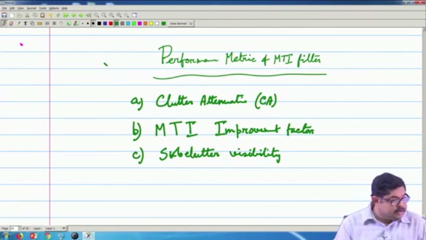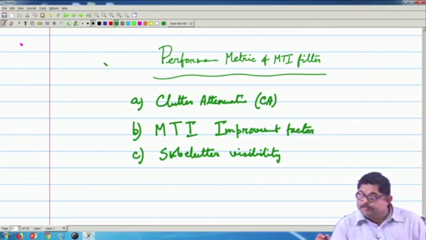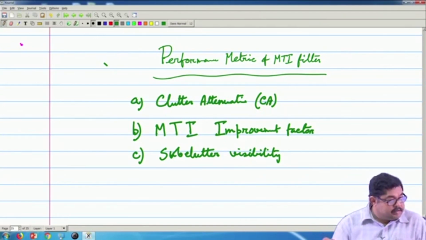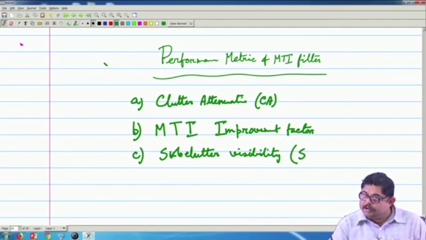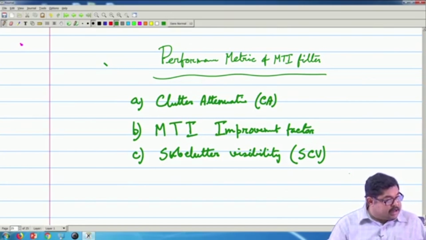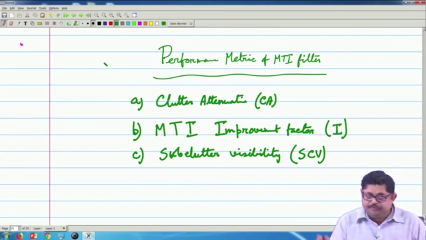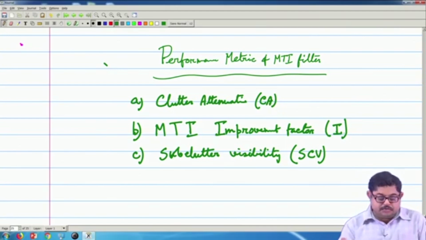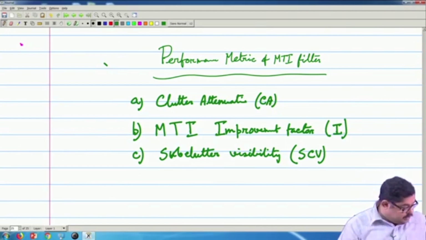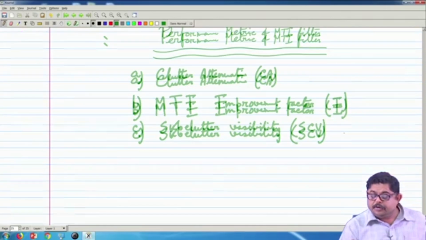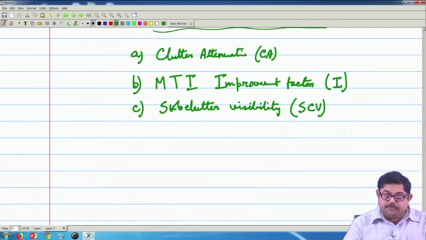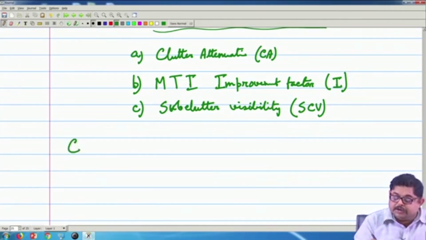So, we will discuss each one of them. MTI improvement factor is generally given the symbol I, and this one is called sub-clutter visibility. Okay. So, we will now discuss one by one. So, first is the clutter attenuation.